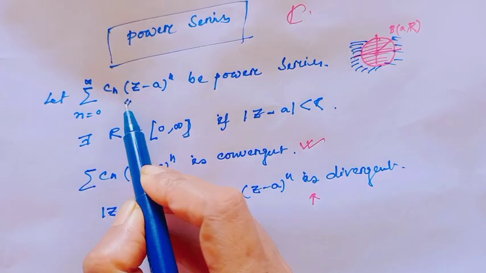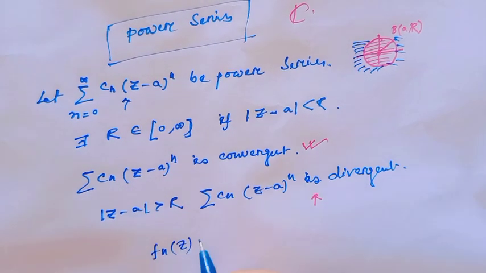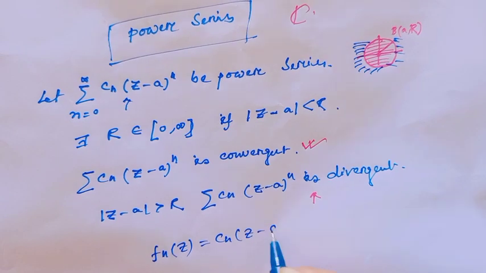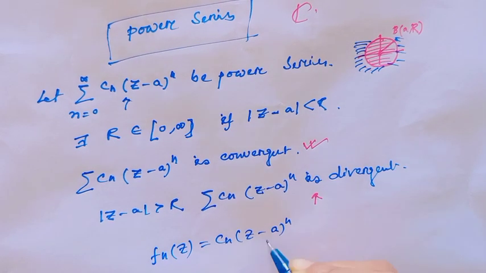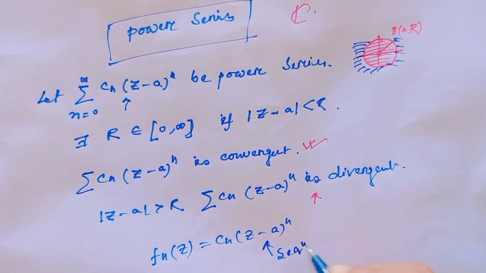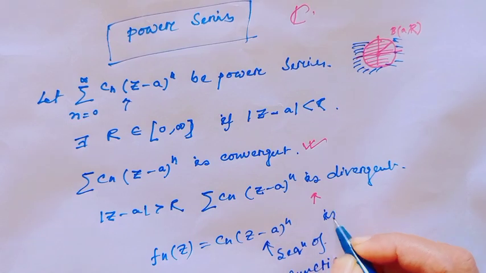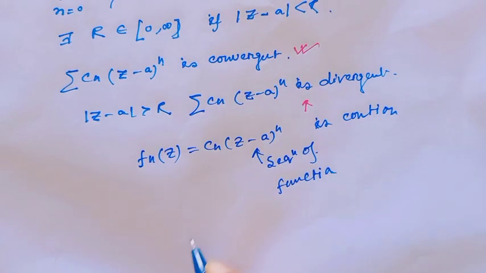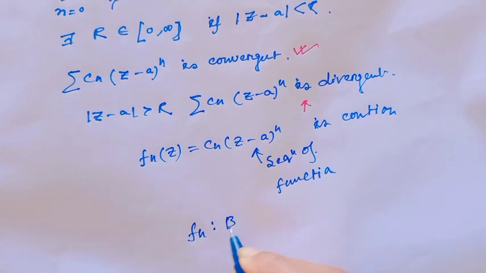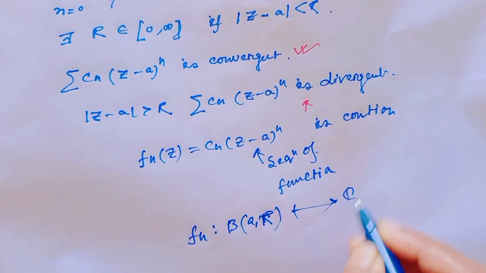And here we have a sequence of functions fn(z) equal to Cn (z minus a)^n. Since this is a polynomial, obviously this sequence of functions is continuous on the region, with fn defined from the ball B(a, R) to the complex field C.